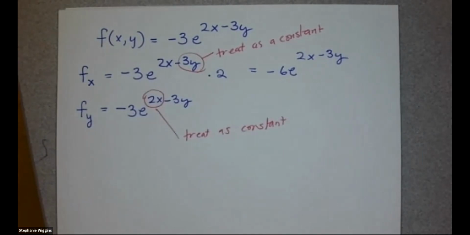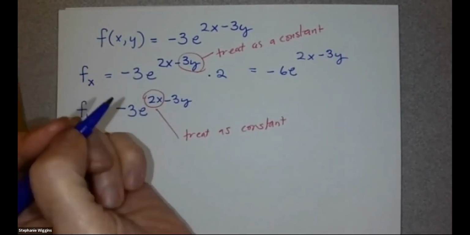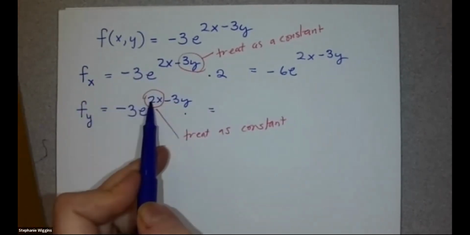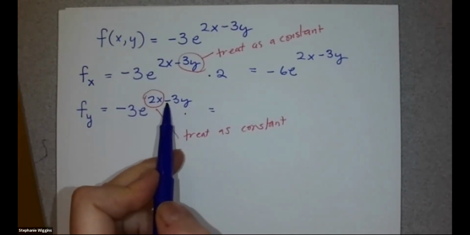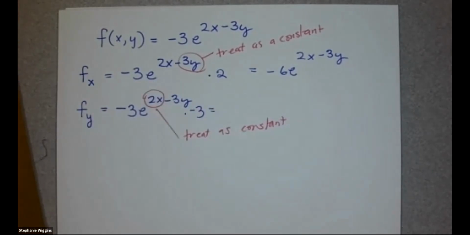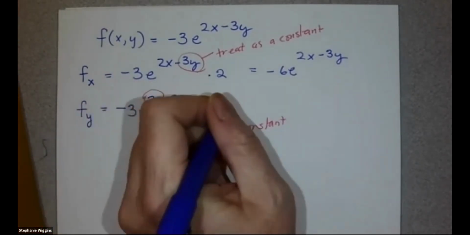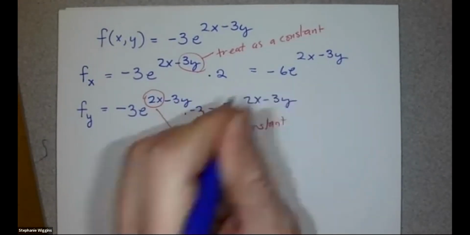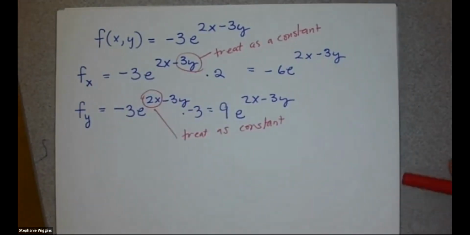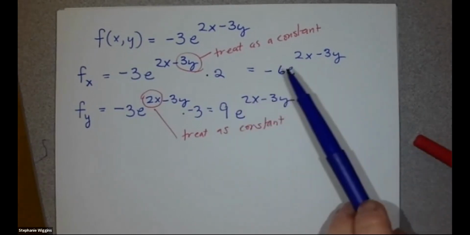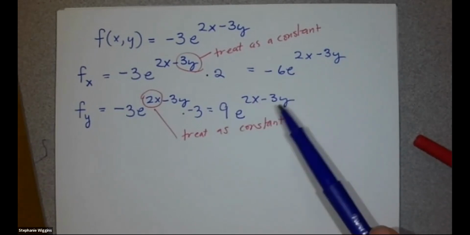The derivative of this is 0, but the derivative of negative 3y with respect to y is negative 3. And so we have 9e to the 2x minus 3y. So we get different answers because we're differentiating here with respect to x and here with respect to y.